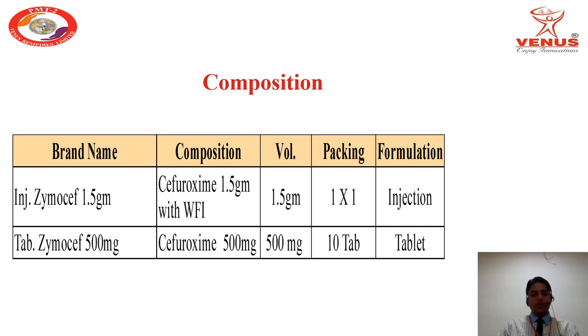If we talk about the composition, ZYMOCEF 1.5 gram injection contains cefuroxime 1.5 gram with water for injection, and its packing is one vial packing. And ZYMOCEF tablet 500 mg is available in 10 tablet alu packing.